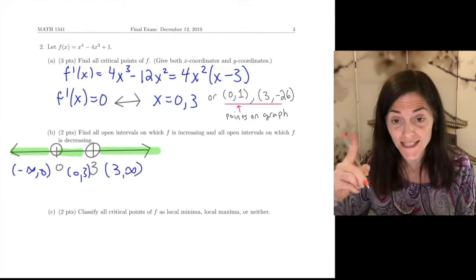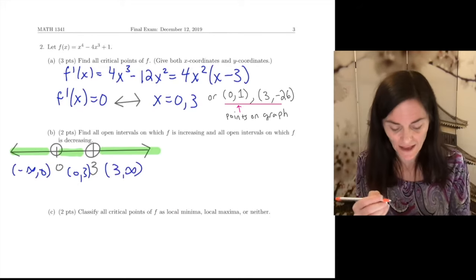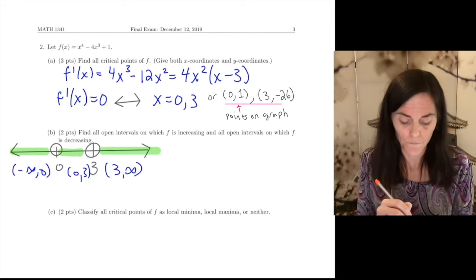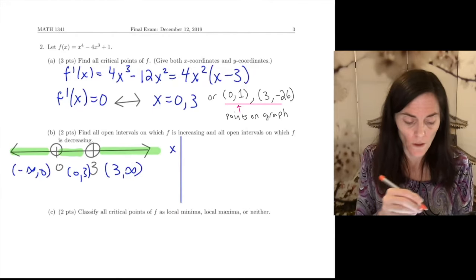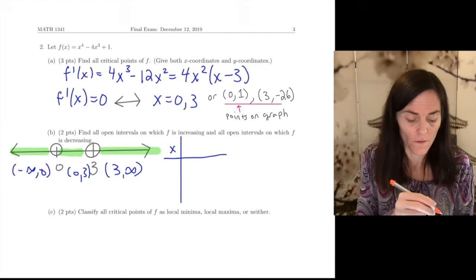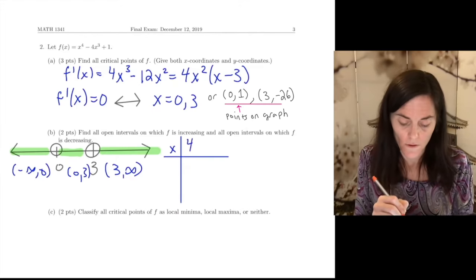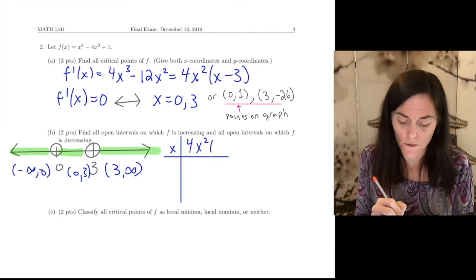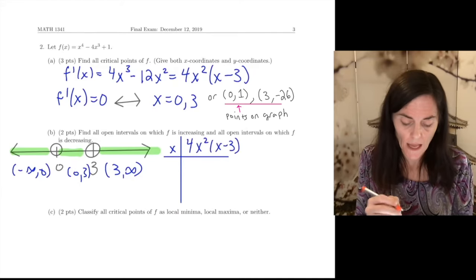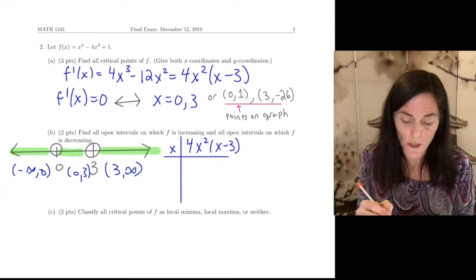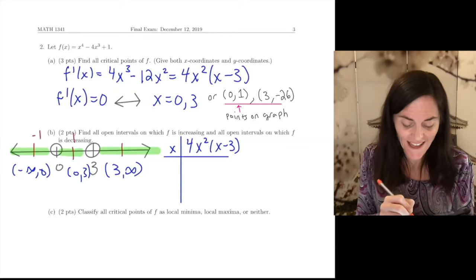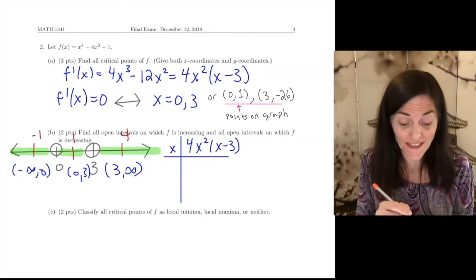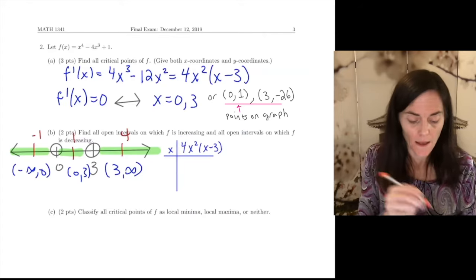Then we want to test the derivative. And my derivative is here. Okay, and I will use, let's see, I can use minus 1, I can use 1, and I can use 4. For example, these are not my only choices.